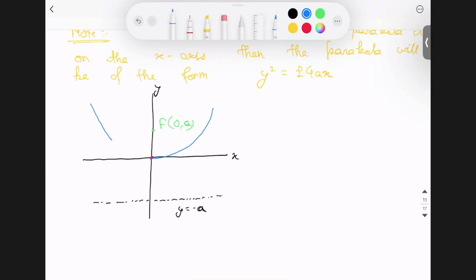The graphical representation of the parabola will be like this only. The distance of any point will be like this, and these two will be equal.